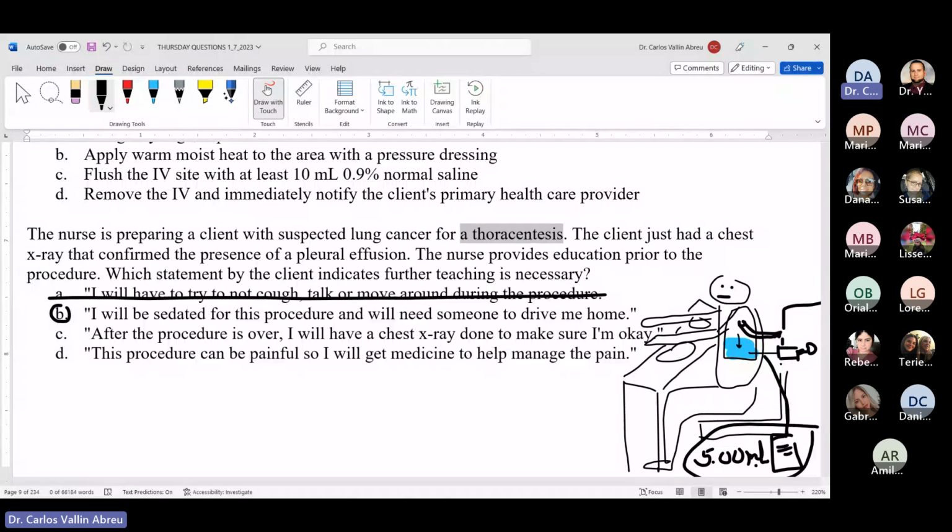If the liquid is removed too fast, then the lung can develop a unilateral pulmonary edema, and the client can enter in respiratory distress. That's why no more than 500 milliliters should be removed, is the general protocol.